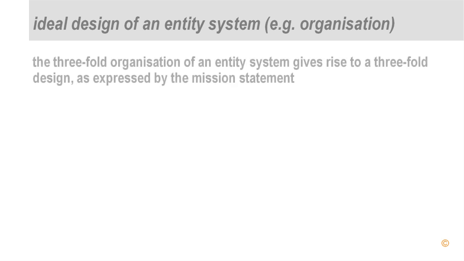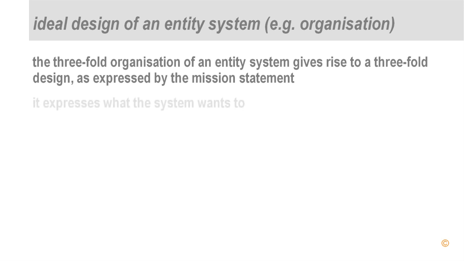What constitutes an ideal design of an entity system like an organization? The threefold organization of entity systems gives rise to a threefold design. The highest visionary expression of that is typically in the mission statement.